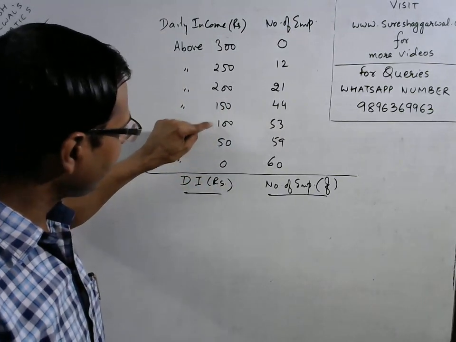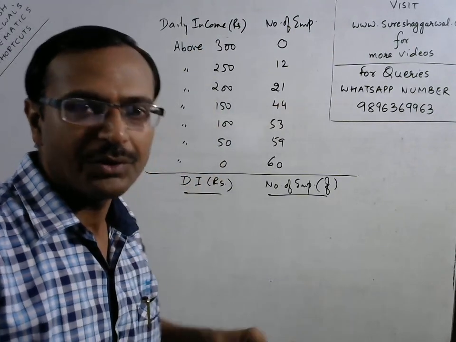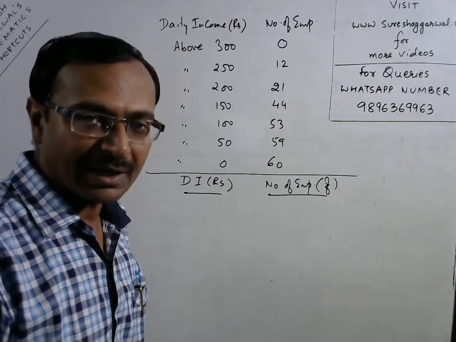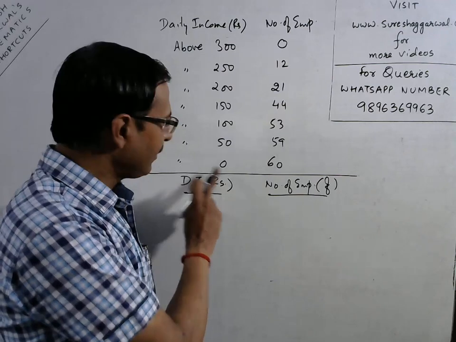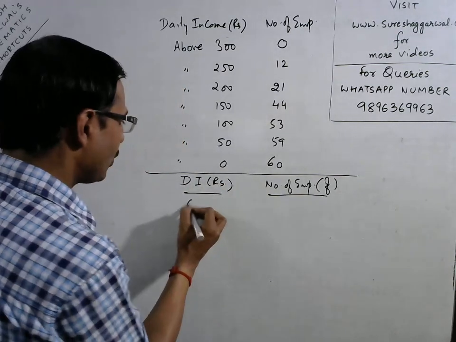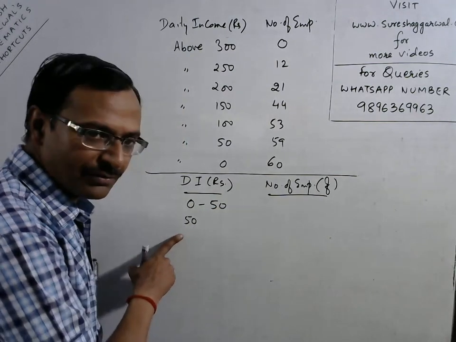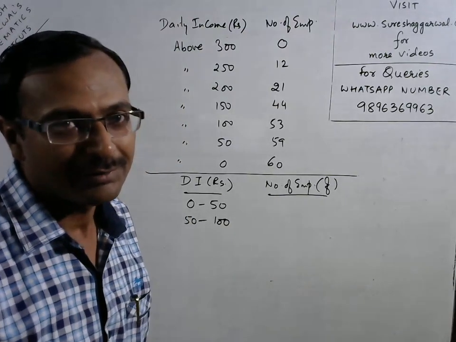Now again, just see the class intervals. See 0, 50, 100, 150, 200, 250, 300 all have a difference of 50. So whenever you have a difference of 50, you have the class size as 50, and the minimum value is 0. So 0 to 50 will be your first class interval, followed by 50 to 100, because the class size has to be 50.